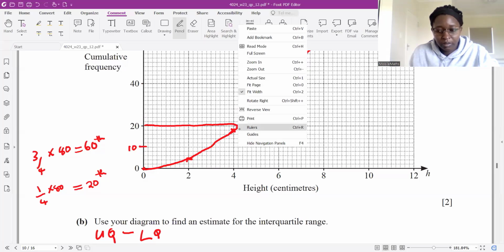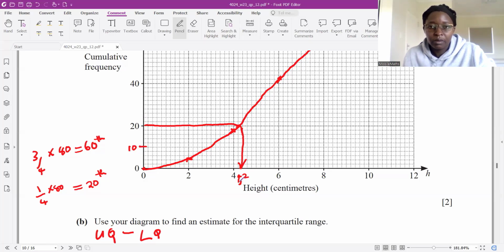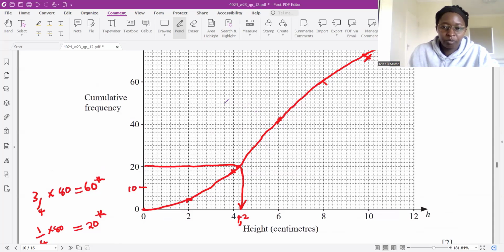So we are going to get a point down here. If your curve is correct, then something like that. So you read down here, approximately this should be 4.1, 4.2. Then we move to 60. We have 60 somewhere here.